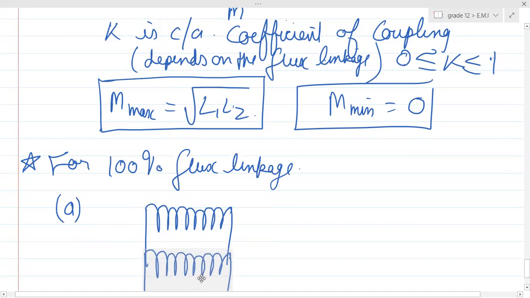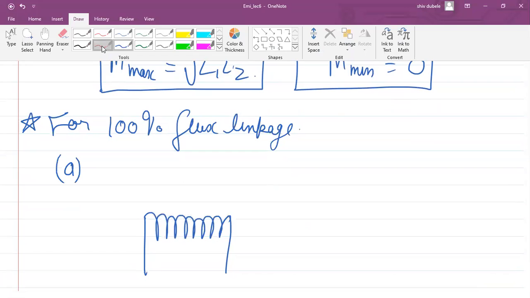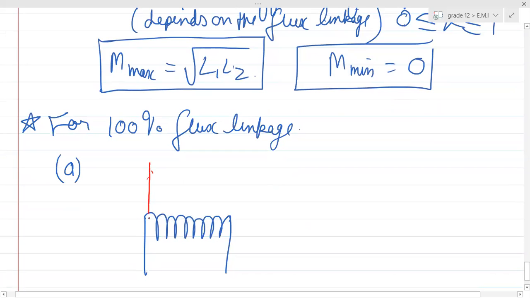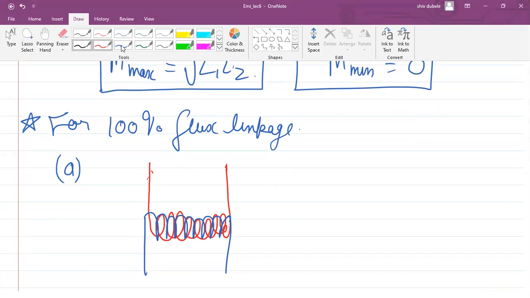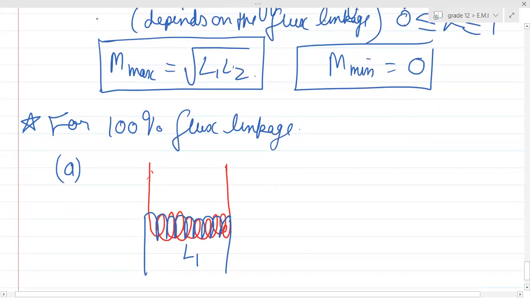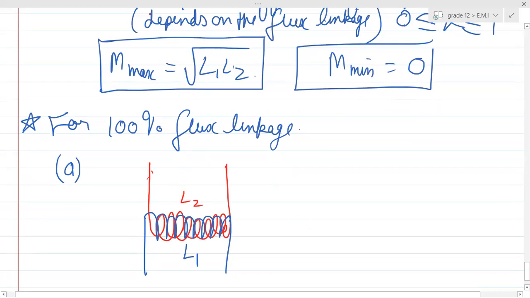What do you mean, sir? I mean this. So can you see this? I have wrapped one coil over another coil. The coefficient of self-induction was this, and the coefficient of self-induction was this.